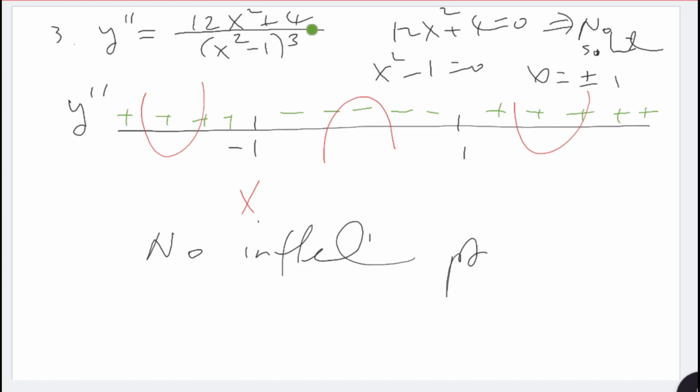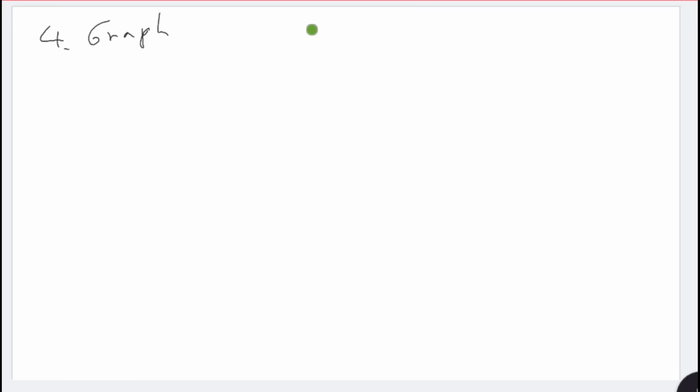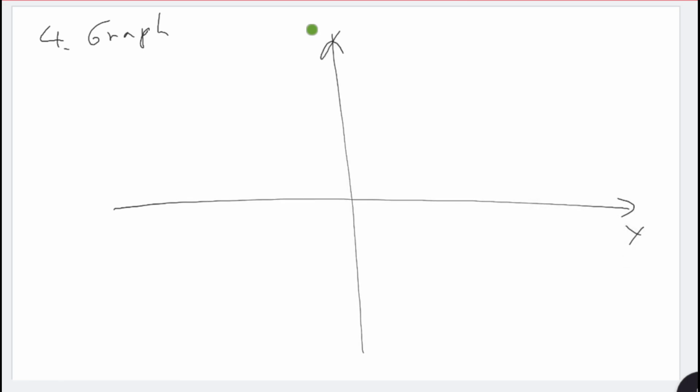All right. And then we can try to graph the function, okay? So let's first set up a coordinate system. Mark important locations, points.